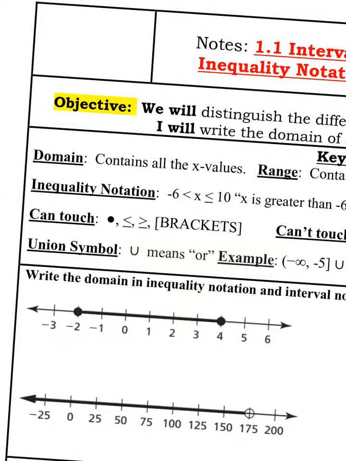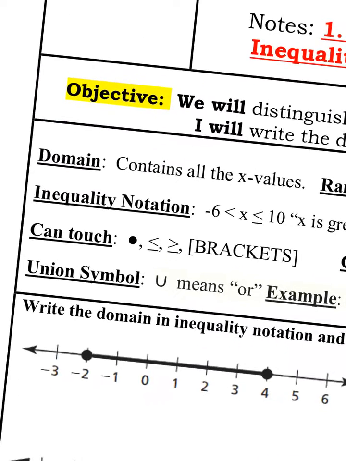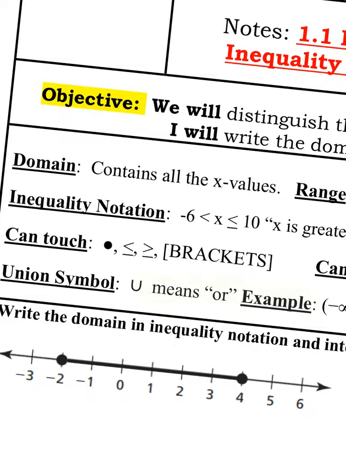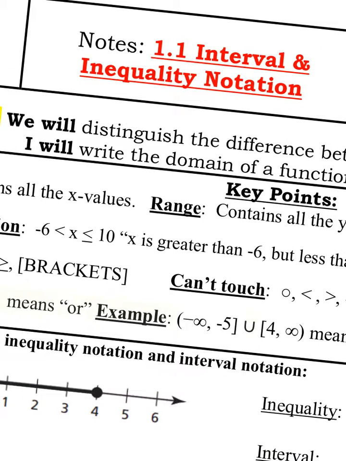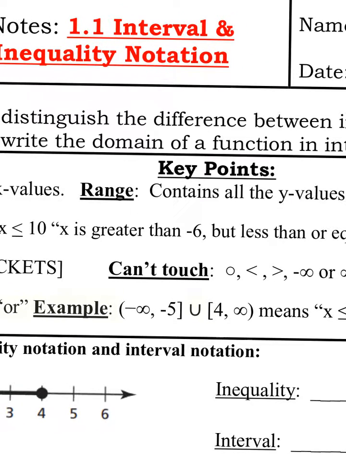You might see the union symbol. No, you will see it. The union symbol simply means or, and or is an inclusive statement. So you use the union symbol for graphs that have a break in them. The perfect example is a function like 1 divided by x.